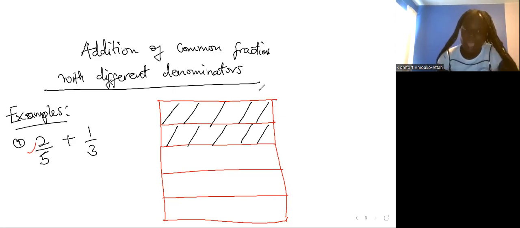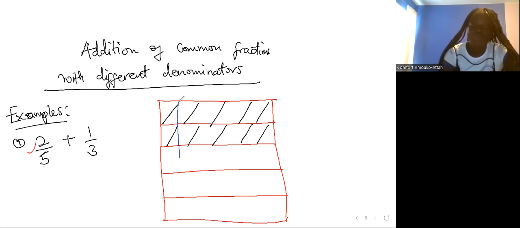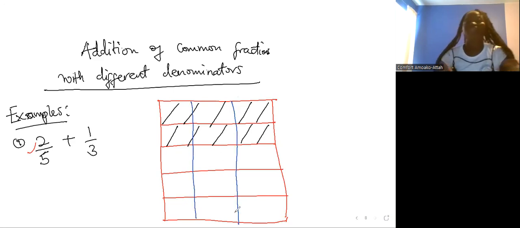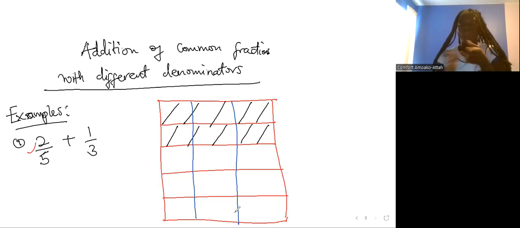Then how do we add the 1 out of 3 to it? The same thing. Don't be scared. With this one too, I'm going to make 3 divisions vertically. So 1, 2, and 3. So my division is now 1, 2, 3. Great.